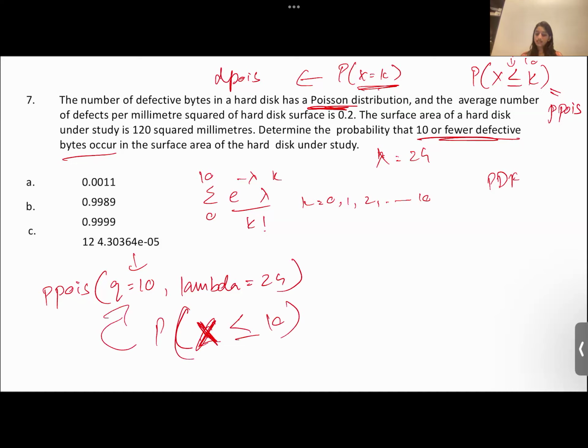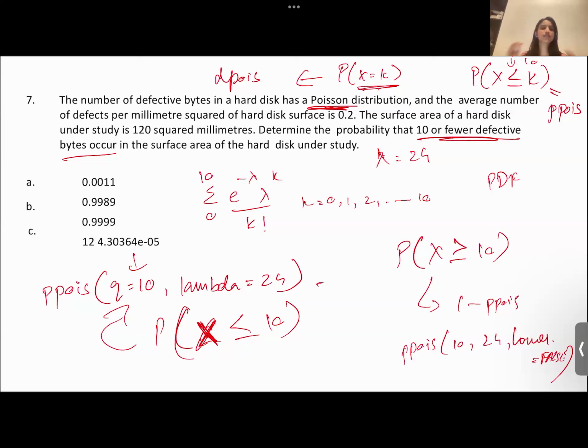If in the question they've asked for greater than or equal to 10, you either do 1 minus ppois of this thing, or you can do ppois 10 comma 24 with lower.tail equal to FALSE.